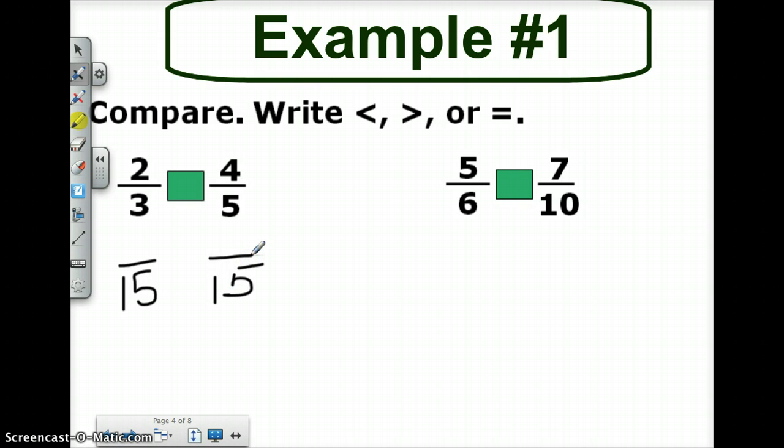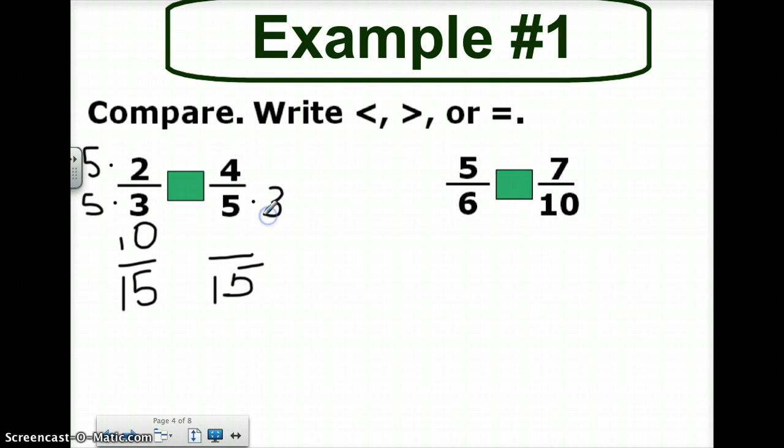Now think to yourself, what did you multiply 3 by to make 15? 3 times 5, so whatever you multiply the denominator by, you need to multiply the numerator by. 5 times 2 is 10. Next, we have 4/5. 5 times 3 was 15, so 4 times 3 is going to be 12. Now we can go ahead and place our comparison symbol into our problem, and your answer should be less than.